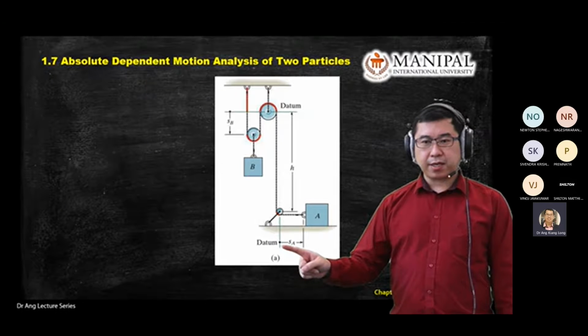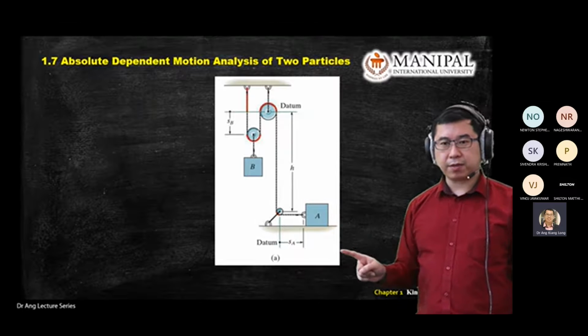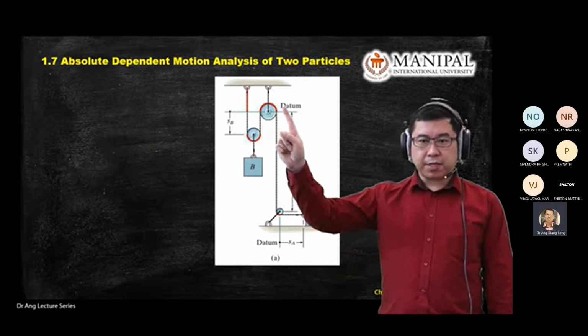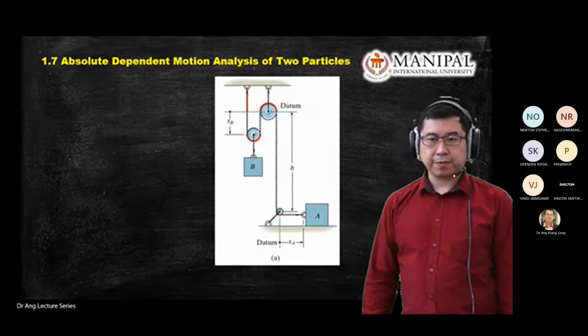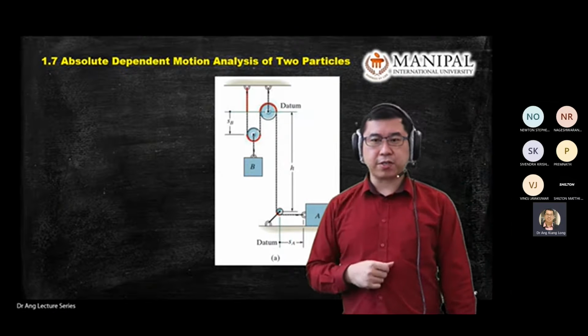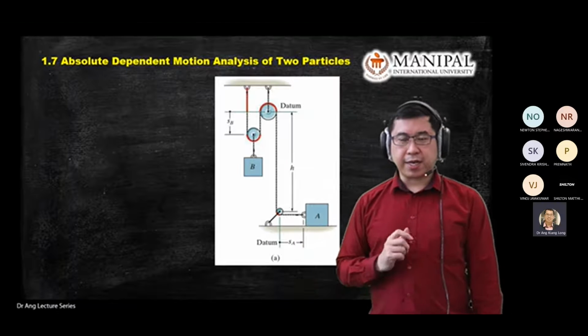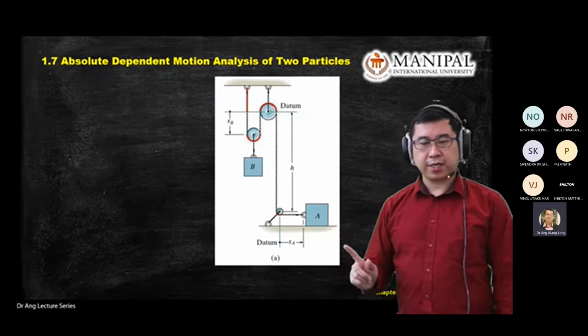This datum gives the positive direction of A in this direction. This datum line gives you the positive direction for B. As long as you're able to understand these three concepts, then you're able to answer all kinds of questions related to relative motion of bodies.